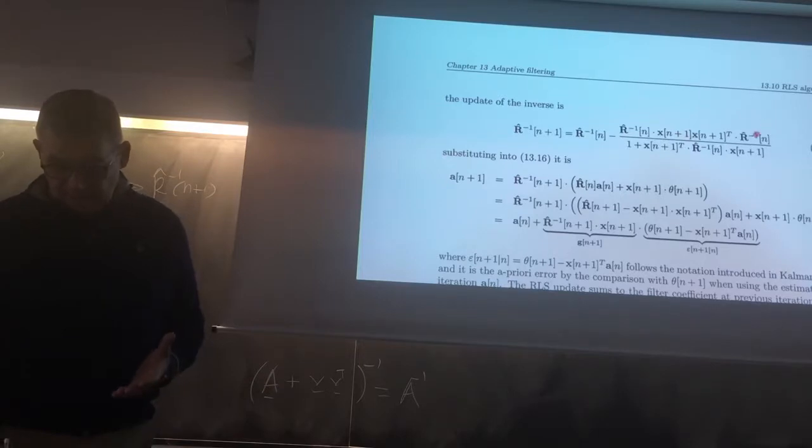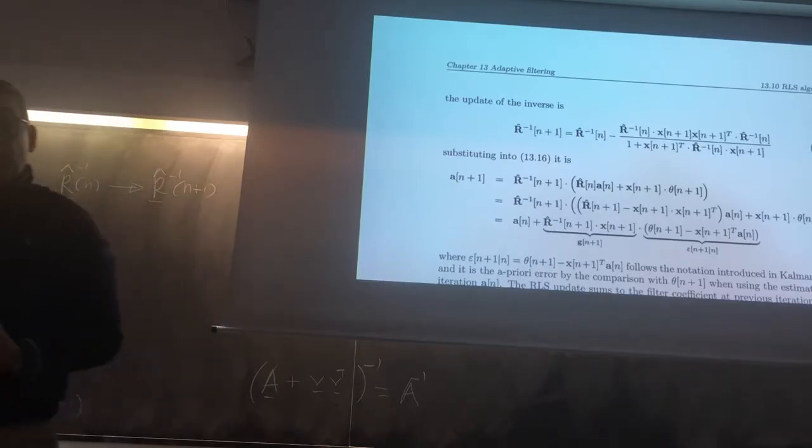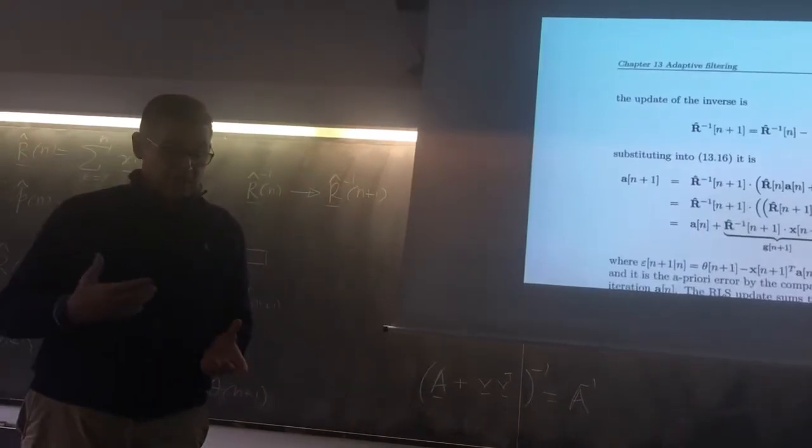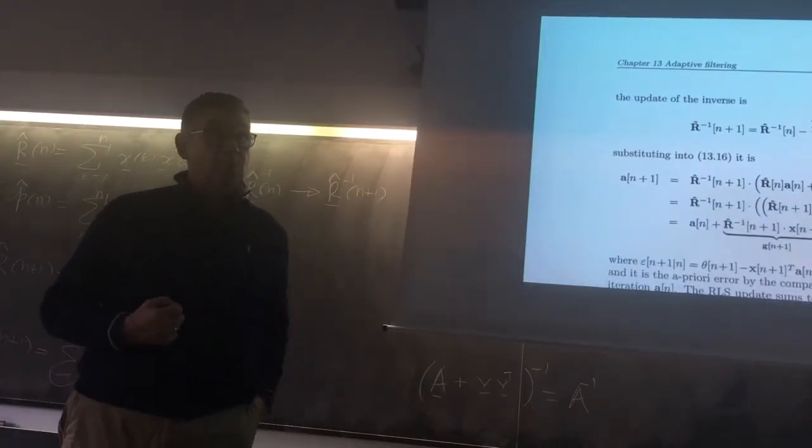Then I have another n squared multiplication, but it is the same as the previous one, so I'm not recomputing. Overall, this implies a number of operations proportional to n squared, so it costs less than n cubed. That's the way to implement it.